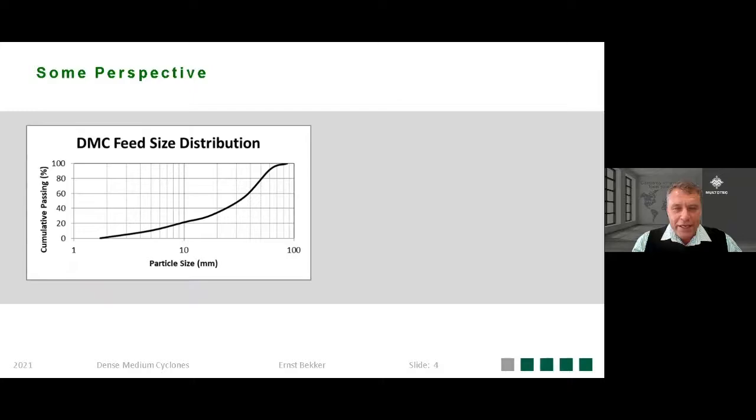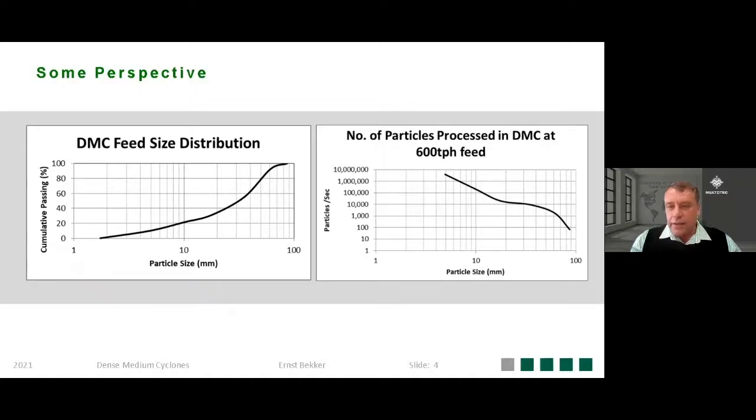This is an example of a typical size distribution that's going to this dense media cyclone. If you use the 600 tons per hour and you use the size distribution, then that is the particles that it treats.